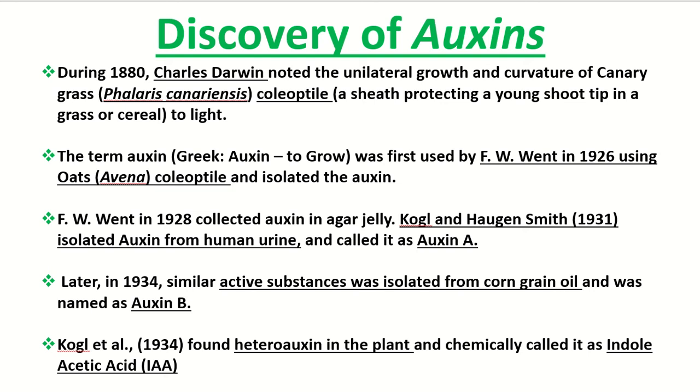F.W. Went in 1928 collected auxin from agar jelly, and Kogl and Haagen-Smit in 1931 isolated the auxin from human urine also, and they named that chemical auxin A. Later in 1934, a similar active substance was isolated from corn grain oil, which is named auxin B. Kogl et al. in 1934 found the heteroauxin in the plant, which is chemically called indole acetic acid, that is IAA.